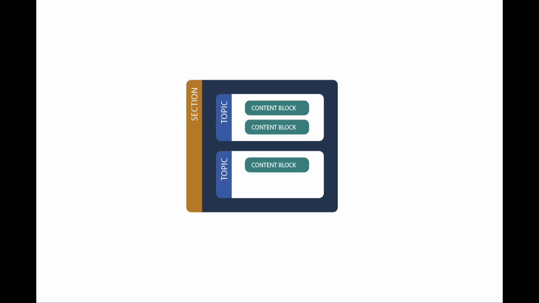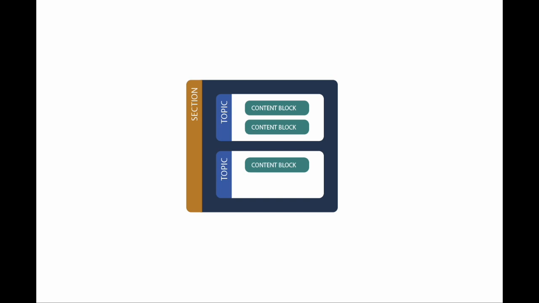So for example, your arrival information section may have topics such as the address, parking, how to get in. And within those topics, you have the actual content. For example, a topic may contain multiple different types of content, such as a photo and a headline and text, a video. You can have multiple different types of content within each topic.